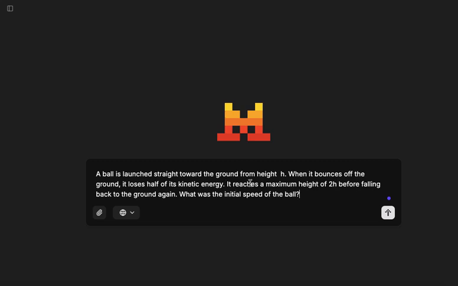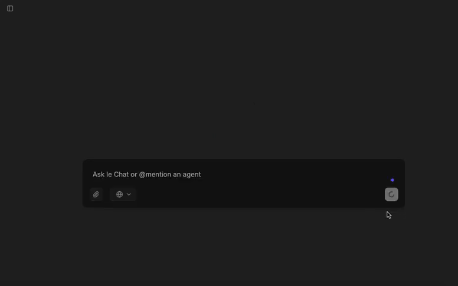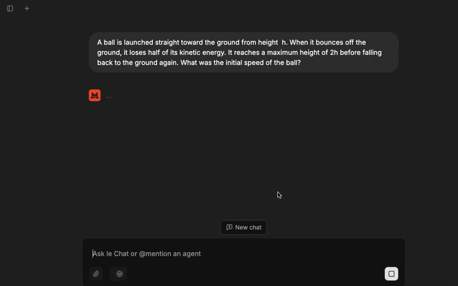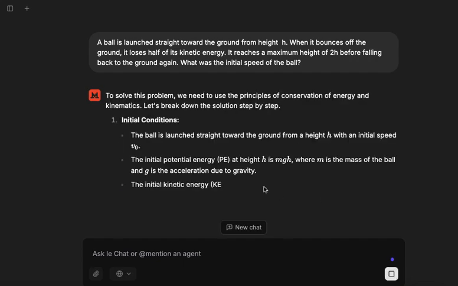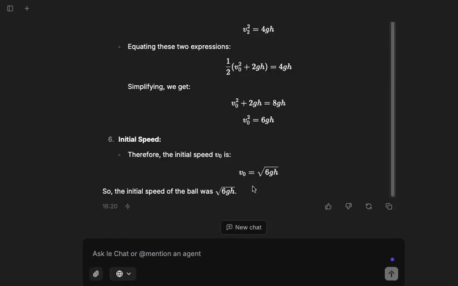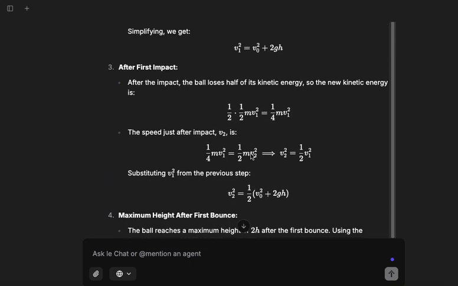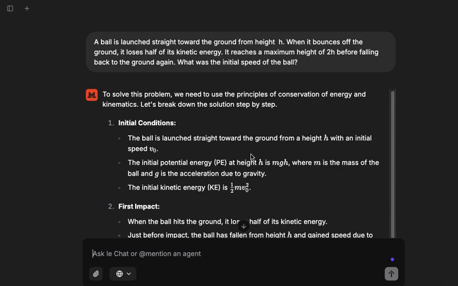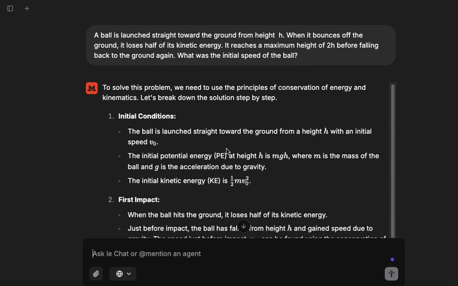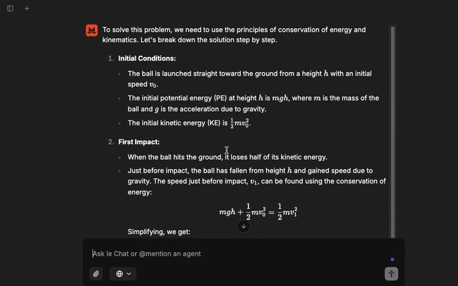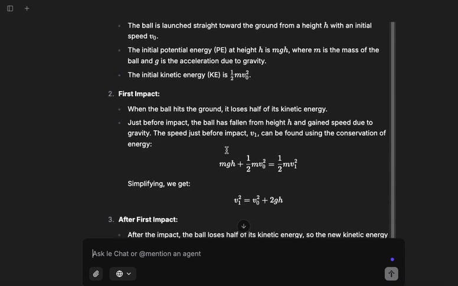All right, the F equals MA physics challenge on Deepseek. Let's see the result. We could do this calculation ourselves.